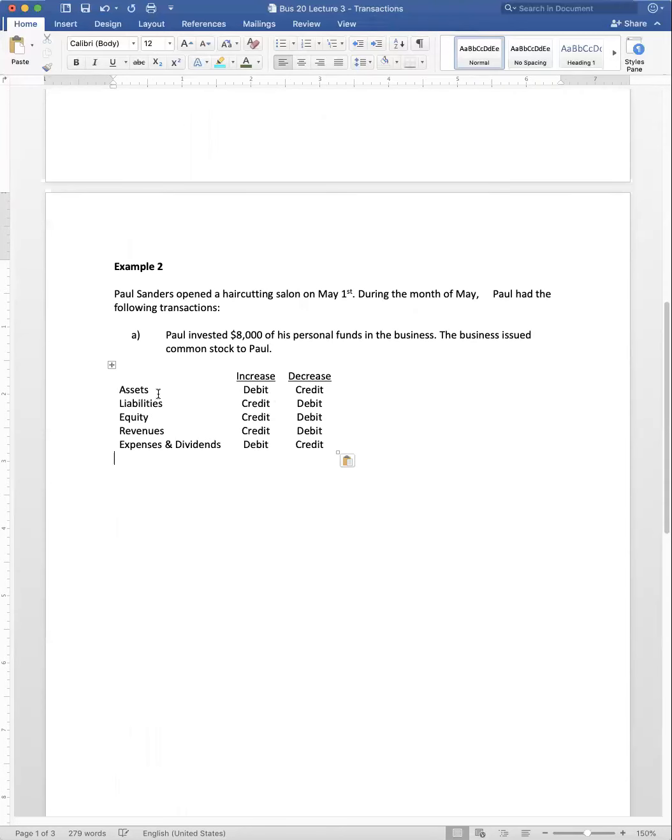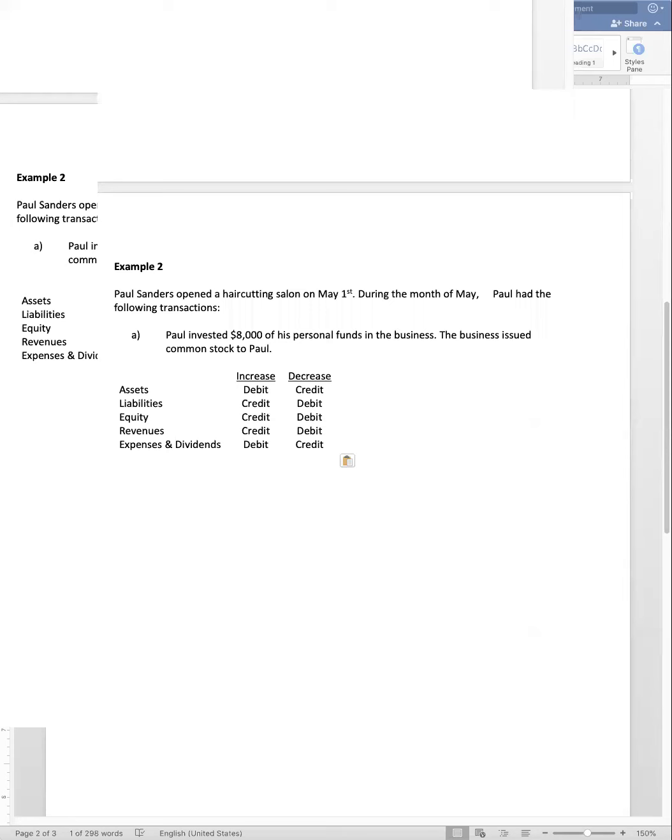Okay, so cash is an asset. So for the company, is cash increasing or decreasing? Well, Paul is giving his money to the company. So for the company, cash is increasing, and that's going to be a debit. So we are going to debit cash for $8,000.